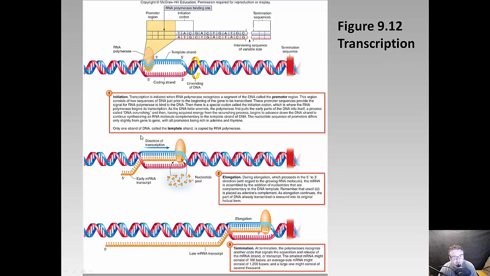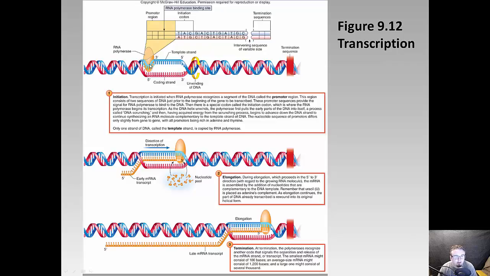And why they call it that is because while it's the template strand that's actually being used, ultimately the information in the mRNA matches the coding strand. The coding strand contains the raw message. The template strand acts as the complement to the coding strand. So when you make a copy here, you're going to make the copy in the same form as the coding strand because of the complementary base pairing.